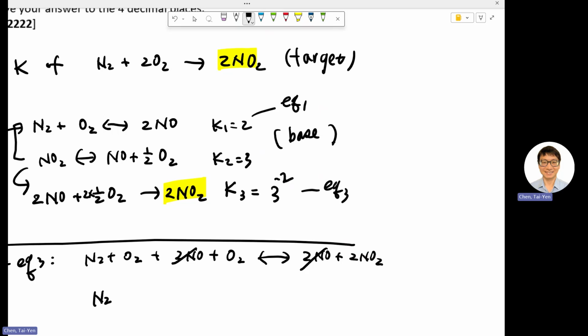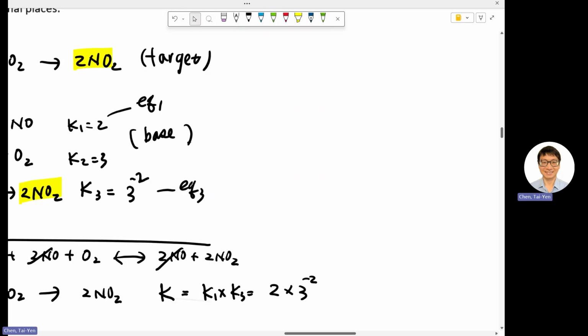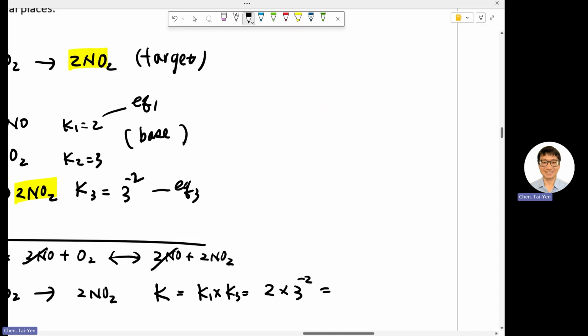So you end up with N2 plus 2O2 becoming 2NO2. Okay, then the new K is simply the product of your K1 and K3, right? K1 times K3, which is 2 times 3 to the -2 power, which equals 0.2222. Okay, and there will be the answer.